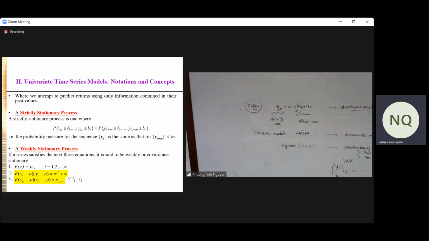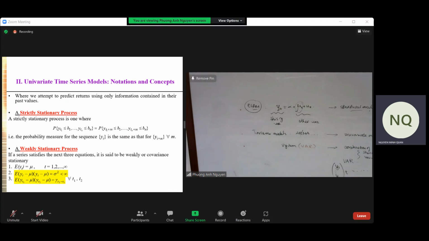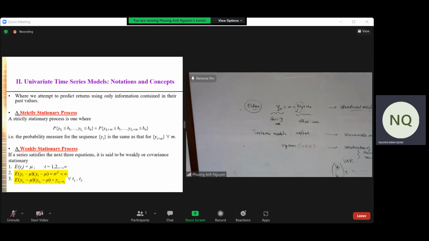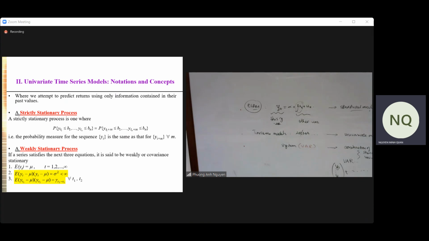So my question is, suppose you have a trend like this, how to remove the trend? Often the models we talk about later are for stationary processes, or stationary series.